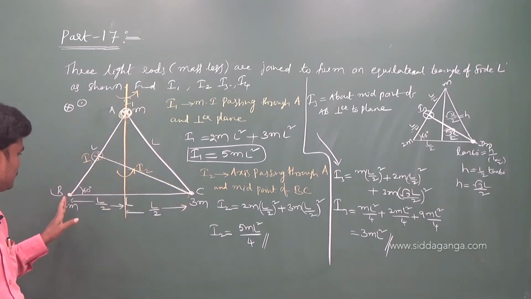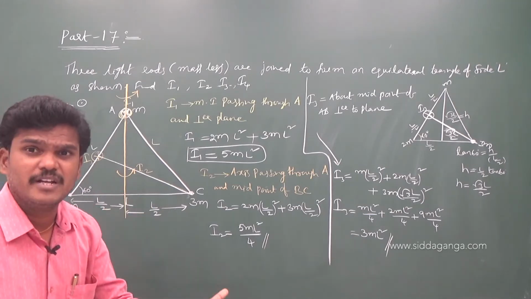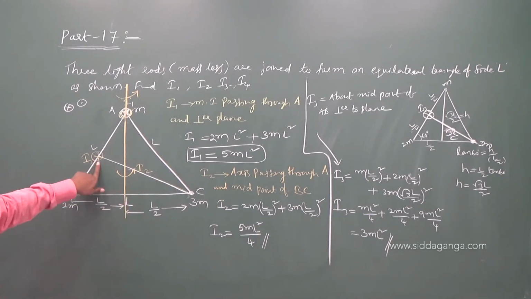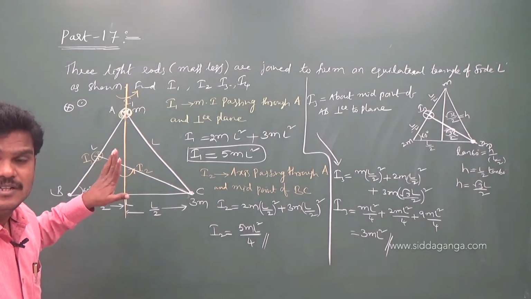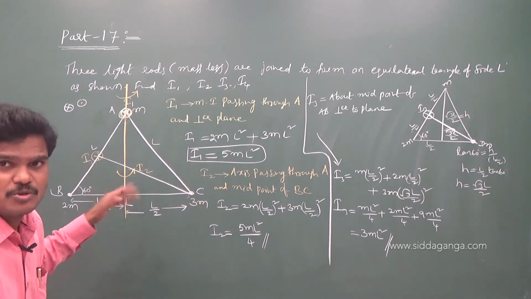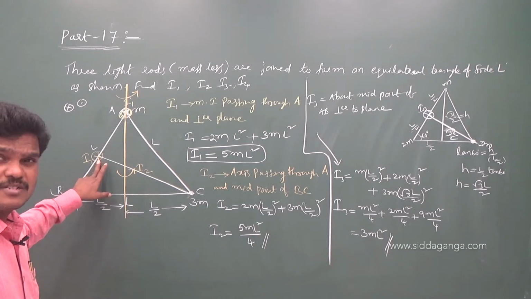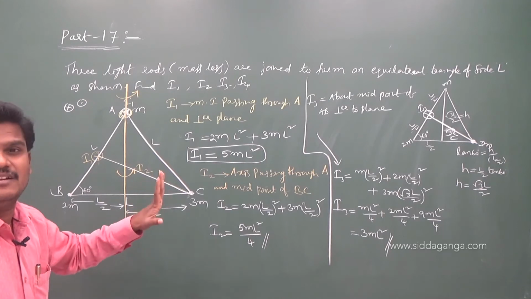Same midpoint of BC but perpendicular to the plane. Words are important. Parallel to the plane or perpendicular to the plane is important. Whenever I put a cross symbol, you feel that the axis is into the board. If I put a dot symbol, it is towards you; into the board or towards you will give the same answer. But if I haven't written any cross or dot symbol, then you feel that the axis is in the plane.